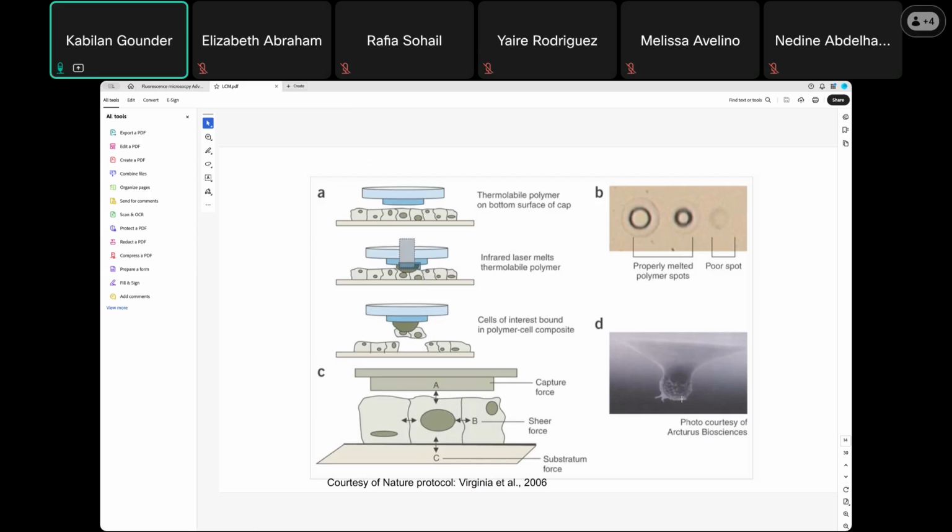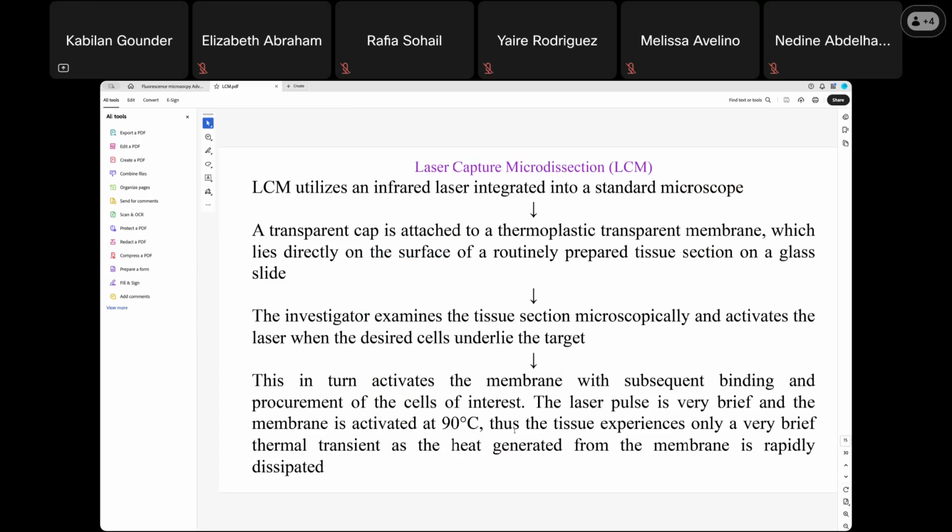Okay, so here when you look at this, this is how the infrared generates, and here you can see properly melted polymer spots. Wherever there is a spot, the cells in this area will be picked up. The protocol is typically the LCM, which utilizes an infrared laser integrated into a standard microscope.